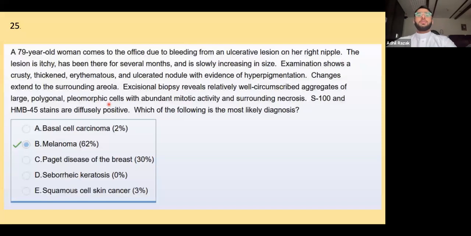This shows that it is a pretty bad, non-benign cancer. Large polygonal pleomorphic cells with abundant mitotic activity and surrounding necrosis just show that this is a very, very dangerous cancer. And these two stains, S100 and HMB45, are very, very typical for melanoma.